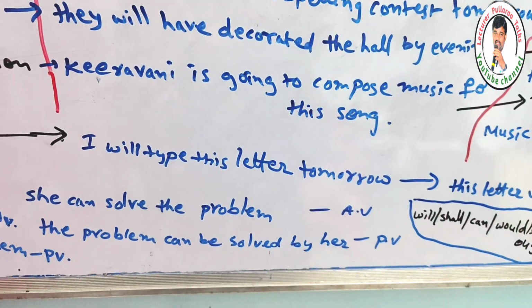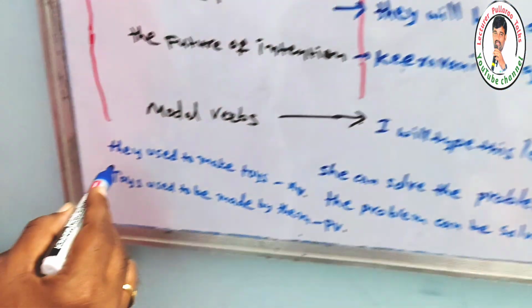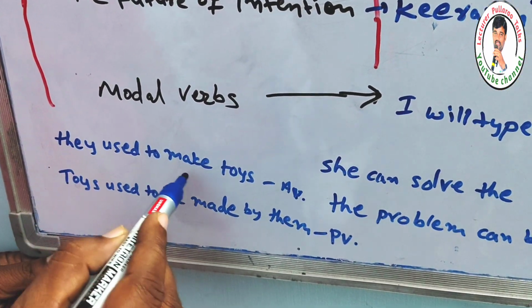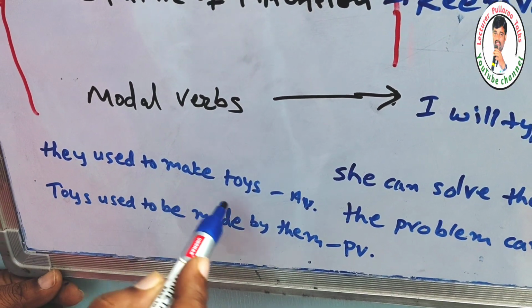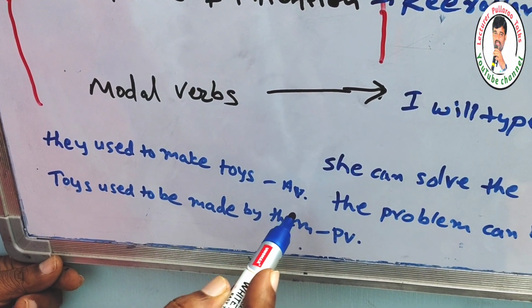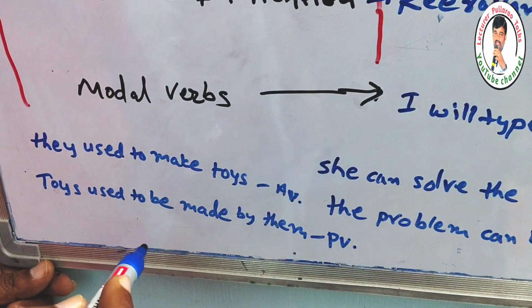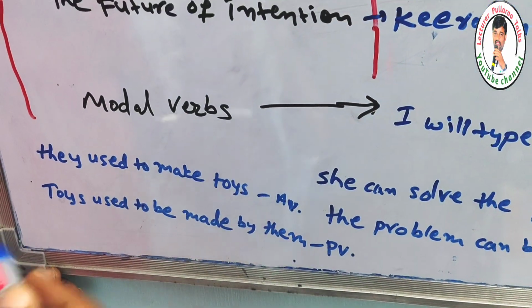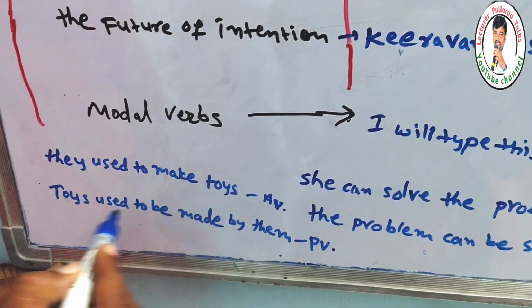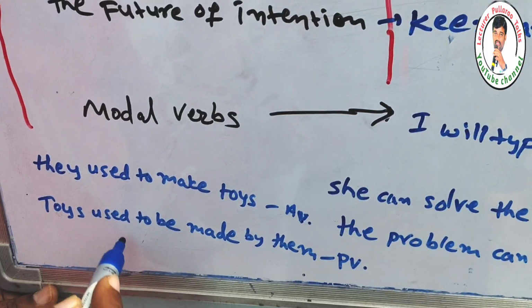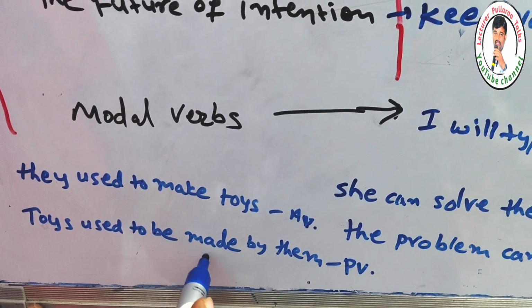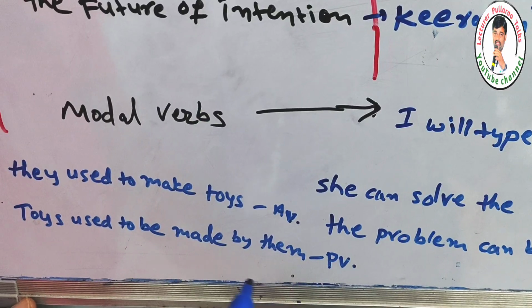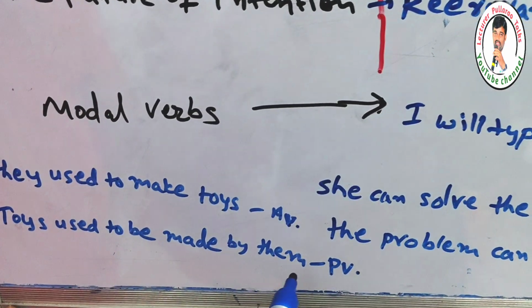A simple sentence. And I'll give one more sentence. They used to make toys. Active voice. Now, let's transfer into passive. Toys used to be made for them.